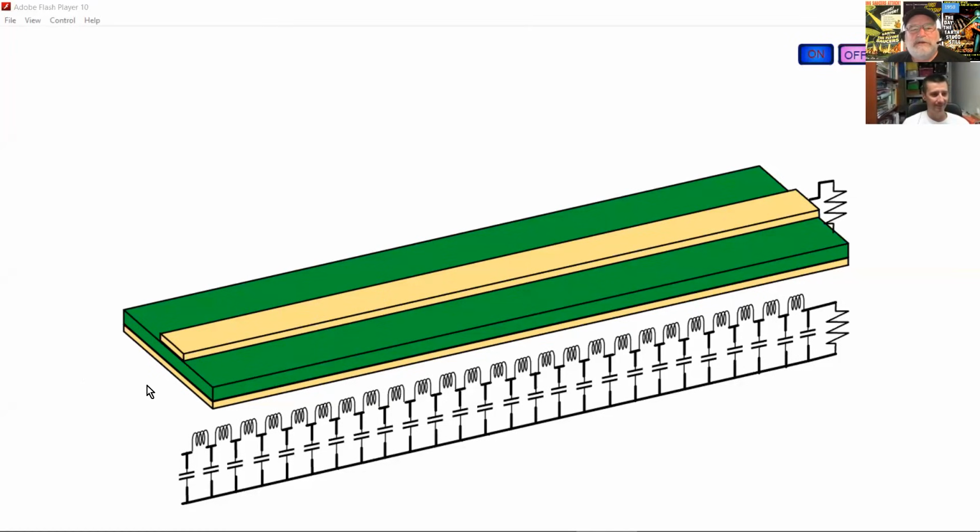What we learn in elementary school is when we put a voltage from the signal to the return, if this is a 50 ohm input impedance line and we put 1 volt in, then 1 volt into 50 ohms, that's 20 milliamps. So we get 20 milliamps going down this transmission line.